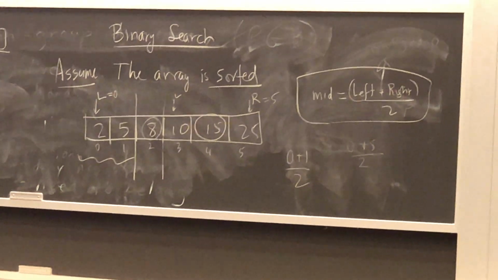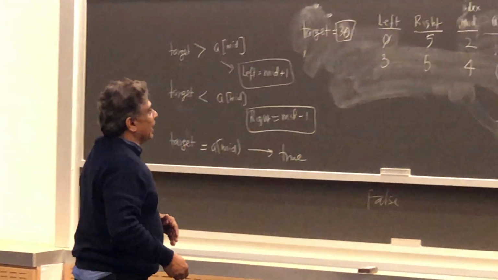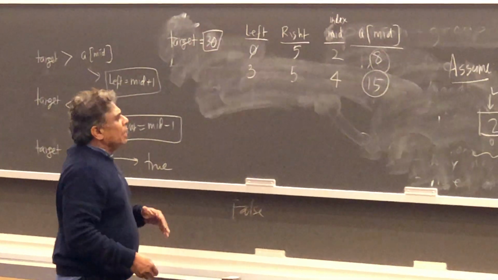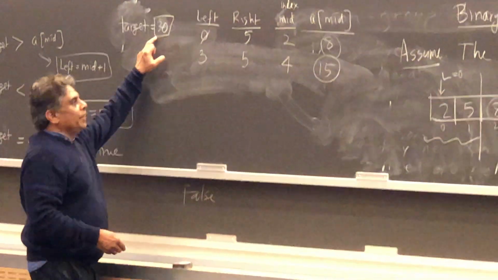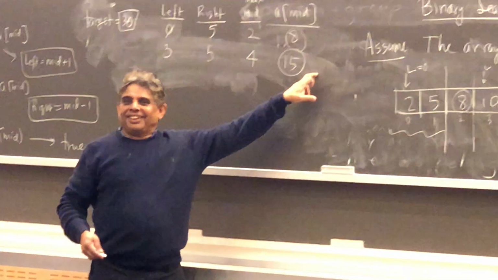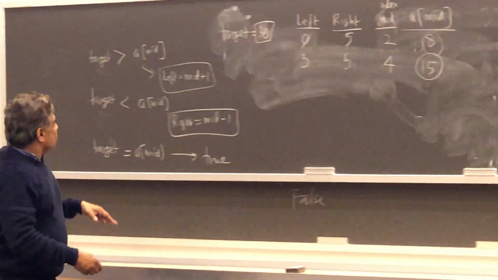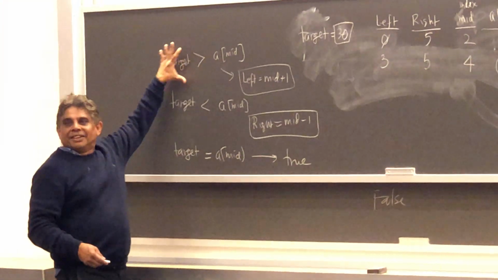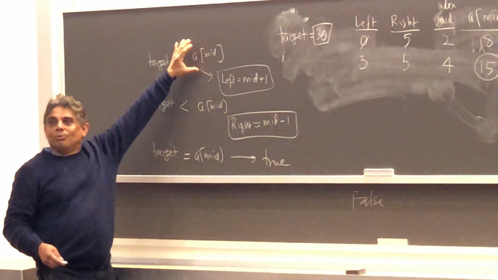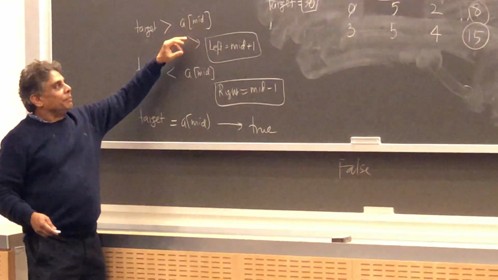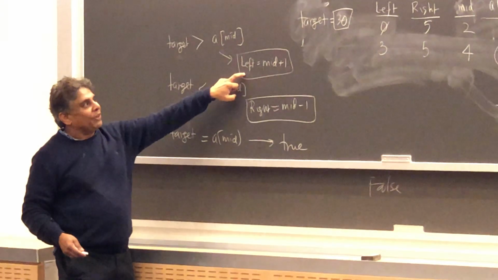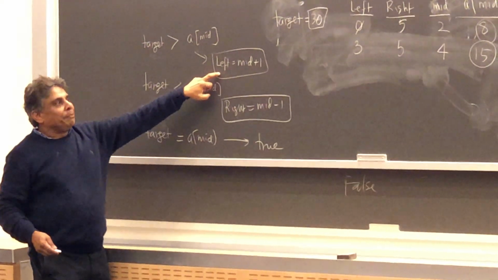Alright, so let's do this again. So now we compare 30 to 15. Right? 30 is bigger than 15. That means we are back in this case here. The target is bigger than the new mid element. So in this case, what do I change now? Left becomes what?